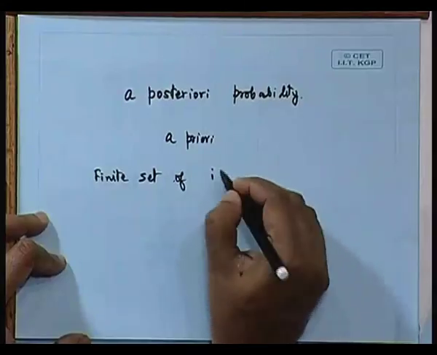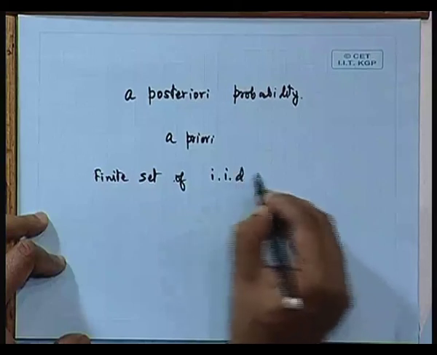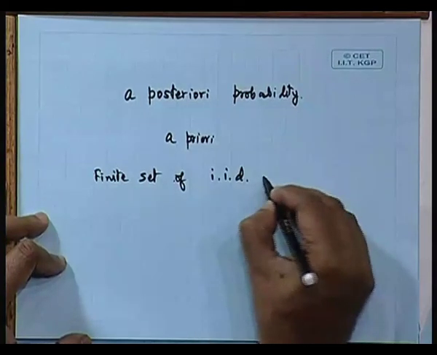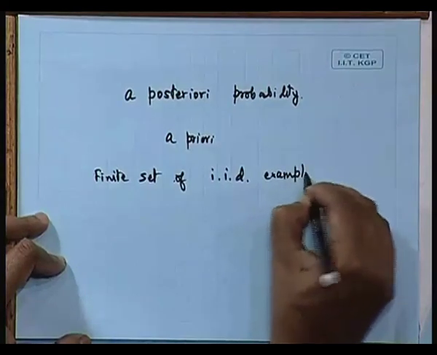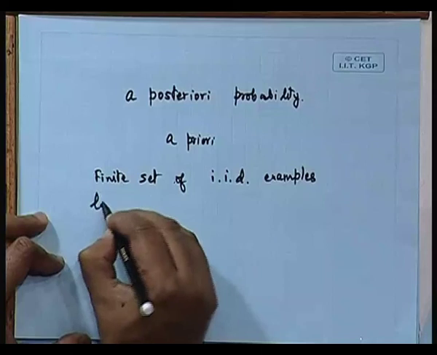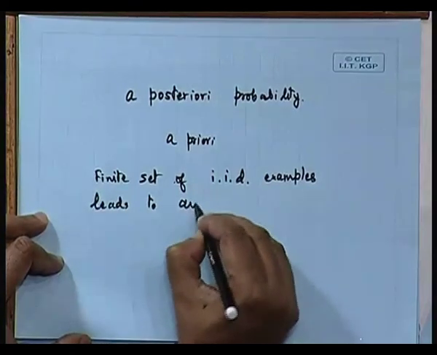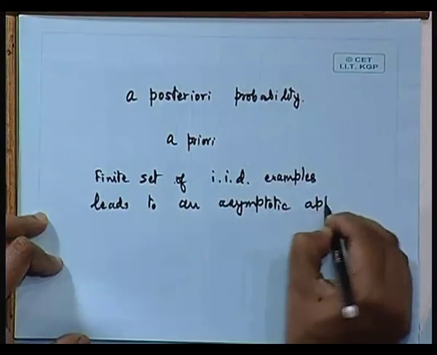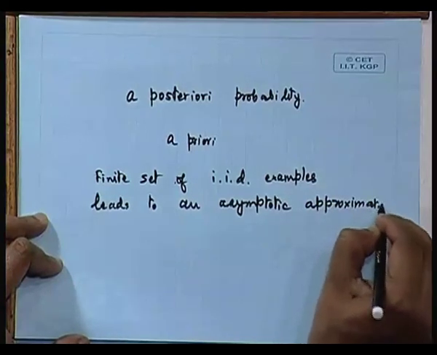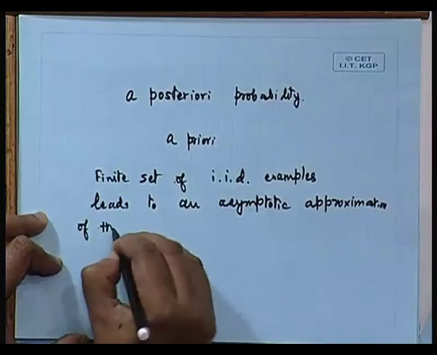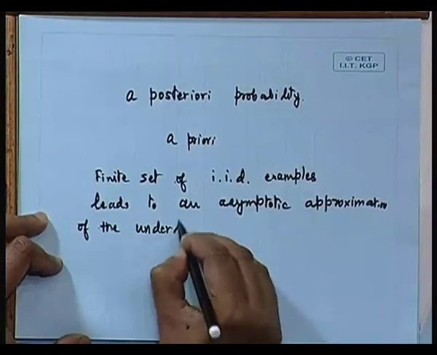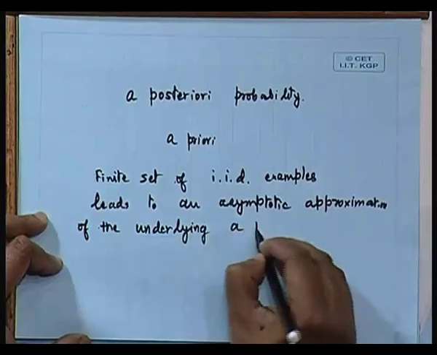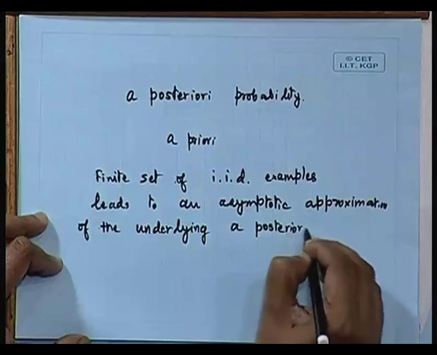So, if we have a finite set of identically independently distributed inputs, that is, if we consider IID examples, this leads to an asymptotic approximation of the underlying a posteriori class probabilities.